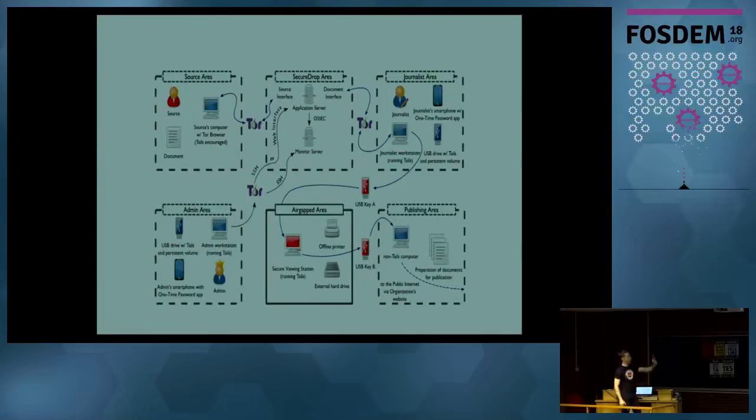So in the current workflow, the source connects via Tor to SecureDrop, the journalist connects to SecureDrop via Tor, and then moves these USB sticks around. It's a lot of manual work, and it's a little bit frustrating to constantly have to move encrypted USBs back and forth between devices.